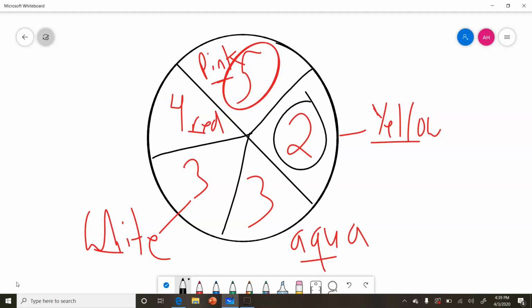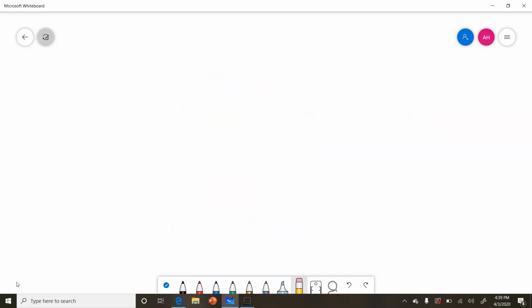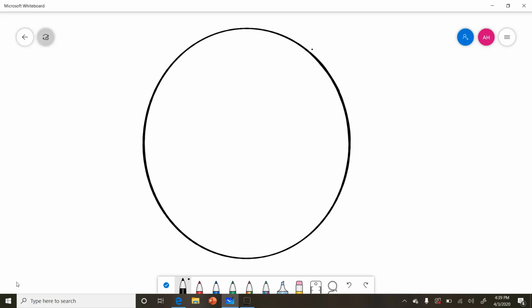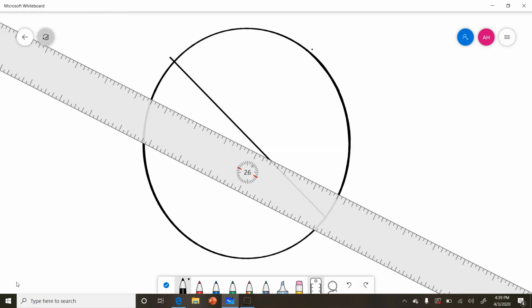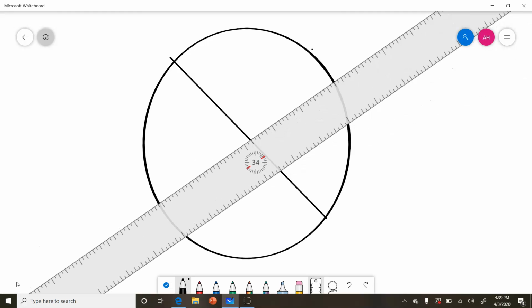Okay? Now, we're going to do one that may look a little bit more challenging. Sometimes what they'll do is they'll give us a big pie chart and it will represent something else. Okay, so for example, let's get my line back up in here. And let's say they're doing all kinds of different stuff here.